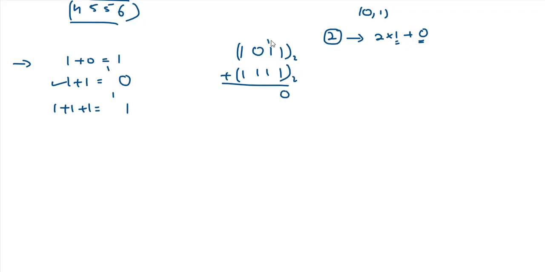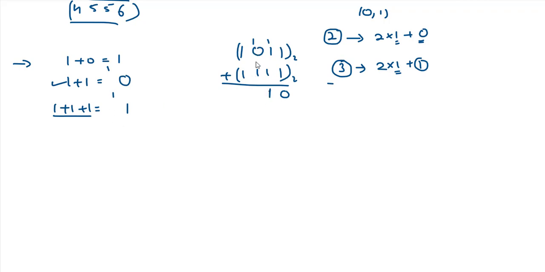Now we have to add 1 plus 1 plus 1, which will become equal to 3. Again we do not have any symbol for 3 in binary. So we'll split this up, 2 into 1 plus 1. So this extra part we'll write here. This will be 1 here and the multiplication part 1 will go in the carry. So from here we are getting that 1 plus 1 plus 1 is: we write 1 and take 1 as carry, like we have done in this case.